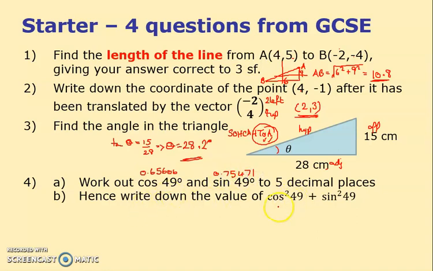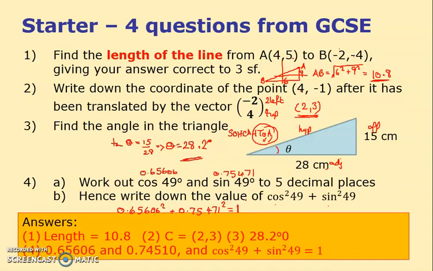And then hence write down this plus this. Notice it says squared. This basically means I've got to type into my calculator 0.65606 squared plus 0.75471 squared. And I think I know the answer. It should be 1, give or take a couple of decimal places.